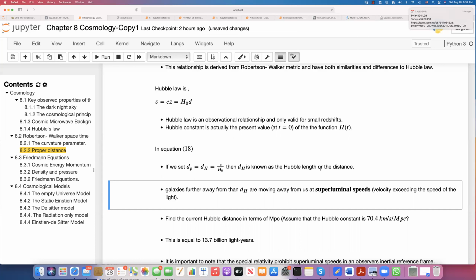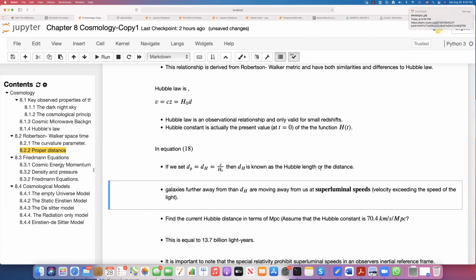So the Hubble length is the distance at which a galaxy is moving away from us at the speed of light.